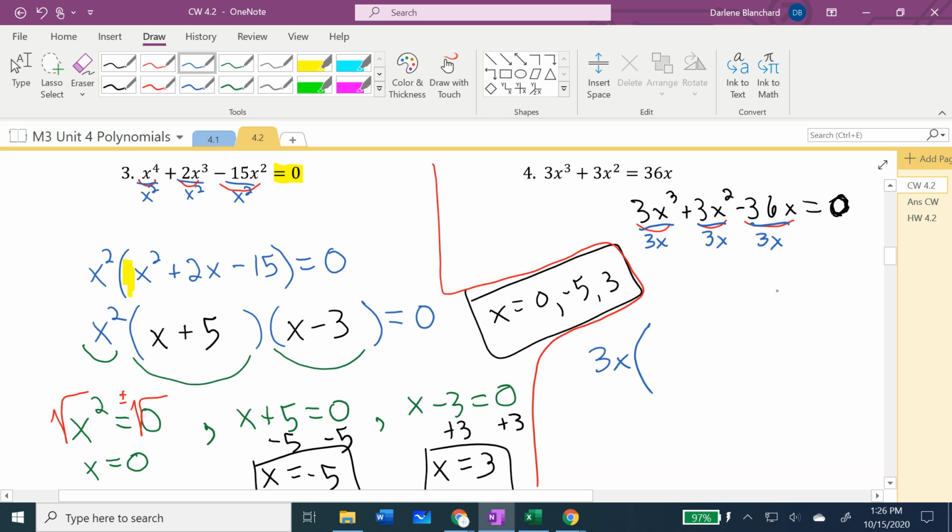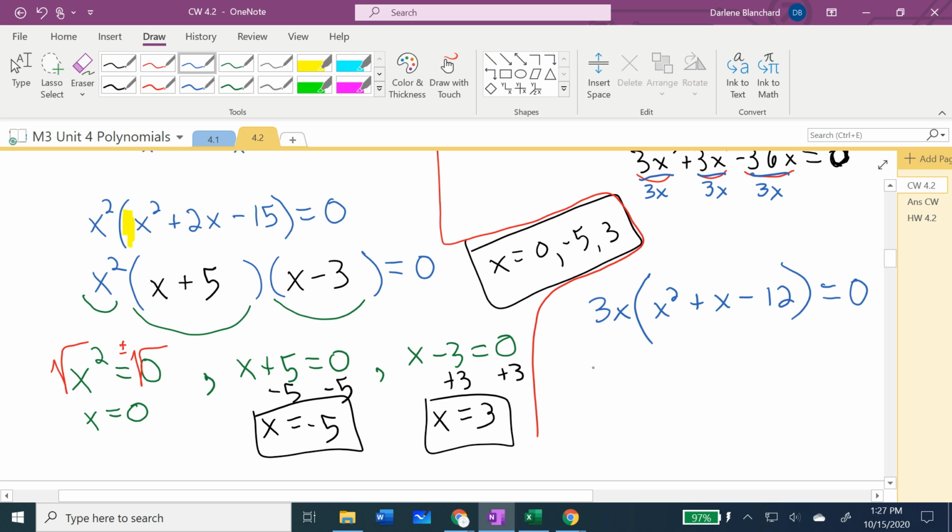So then I get x squared plus x minus 12 equal to 0. So I've managed to factor aside a 3x, and then I need to take this quadratic and factor it into 2 linear factors.